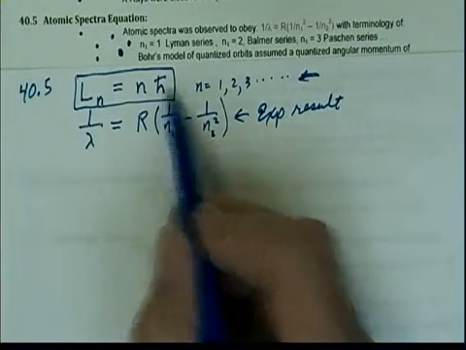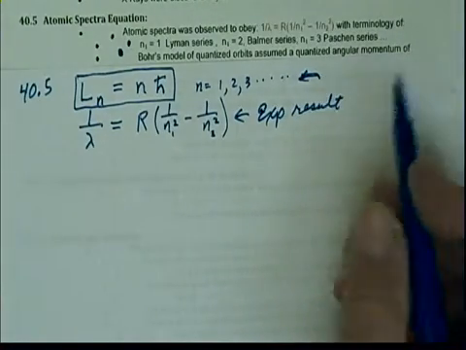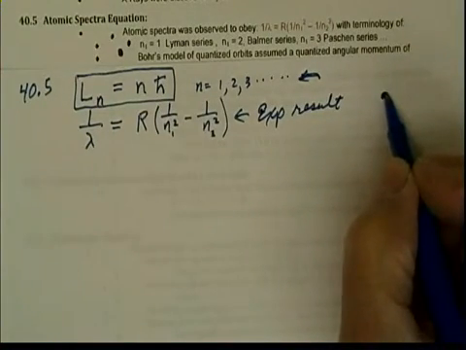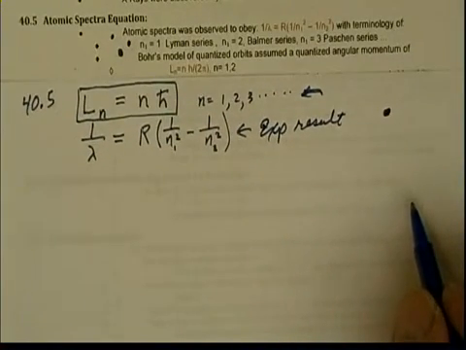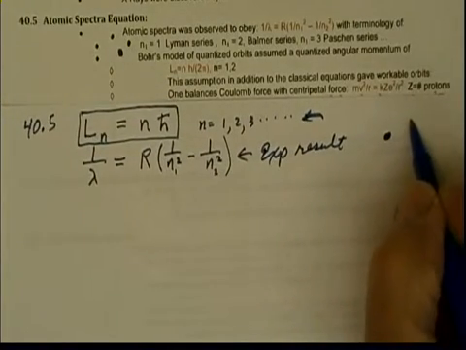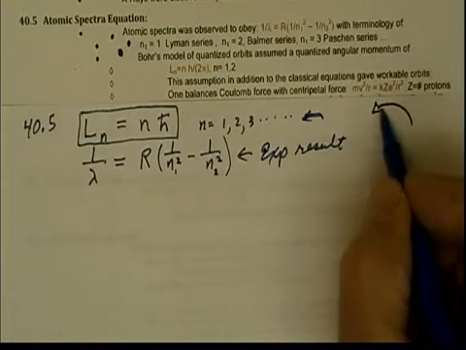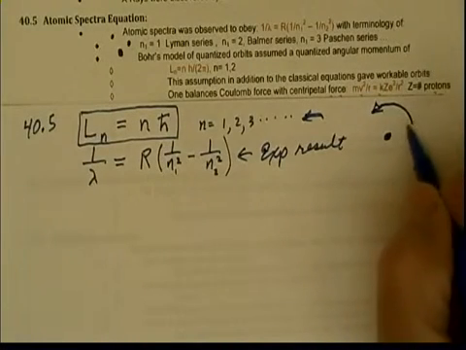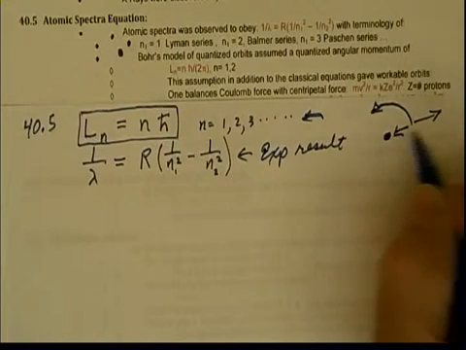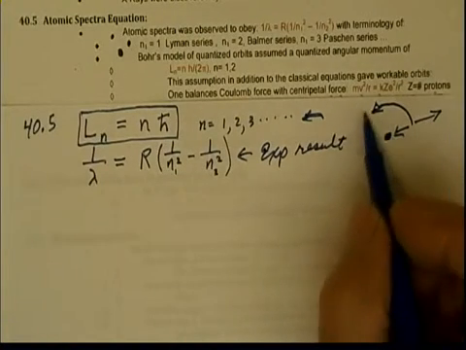Now what we're going to do is take this and see what we know about atoms and how they behave. Well, if we have a nucleus and we have an electron going around it, then we know that we have to balance two forces. The centripetal force pushing outward and the attractive force pulling inward have to be equal.